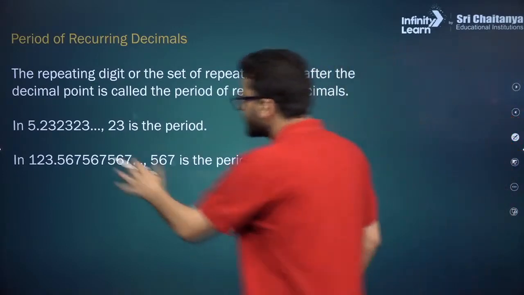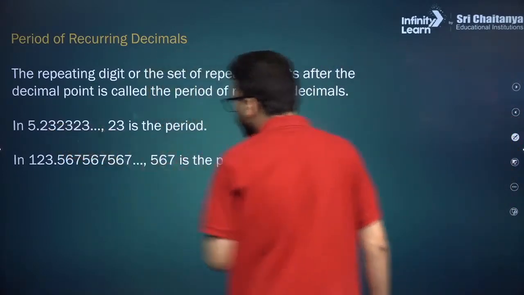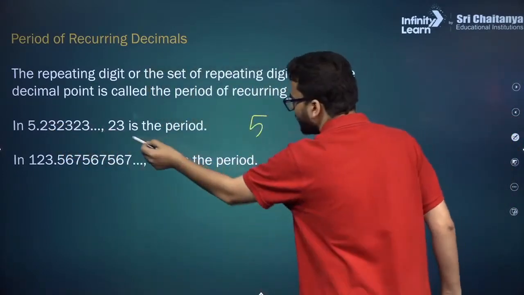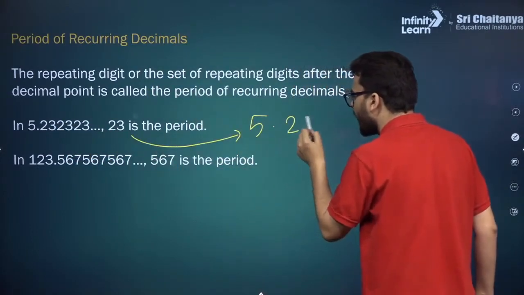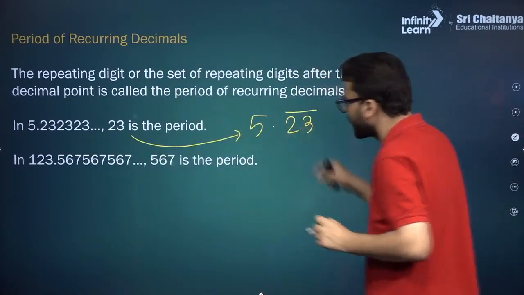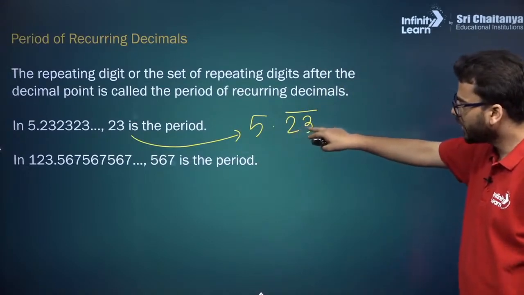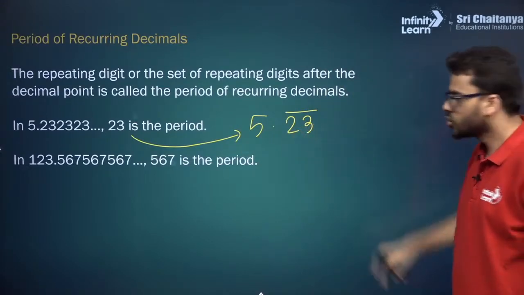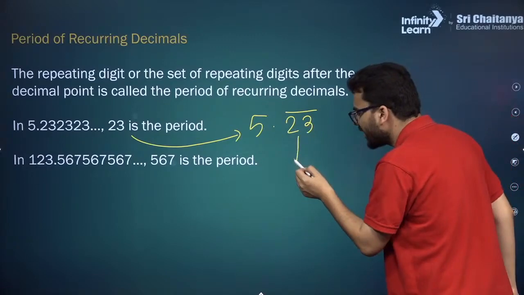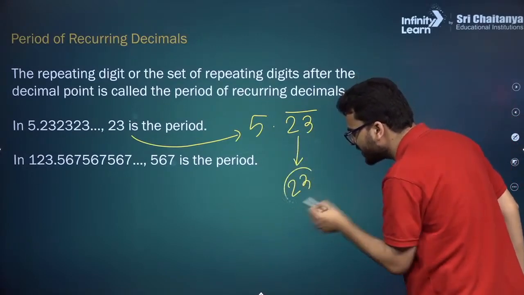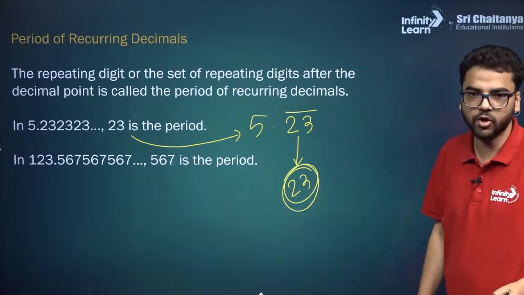For example, you see this is 5.232323 over here, right? So I can write this number like this, 5.23, and I can put a bar over it. So over here, 23 is the period because it is repeating. You got it?